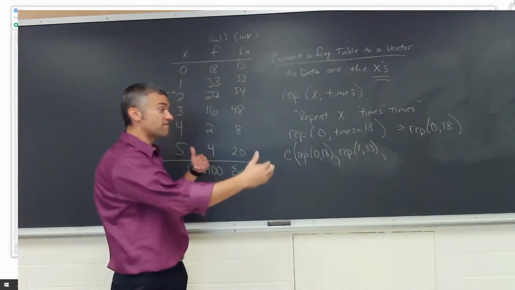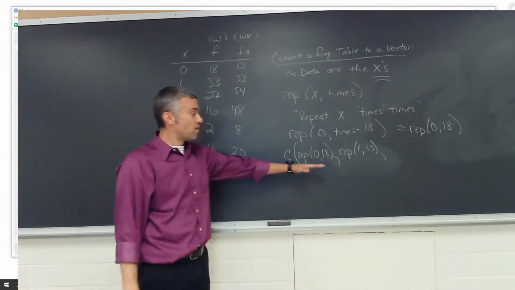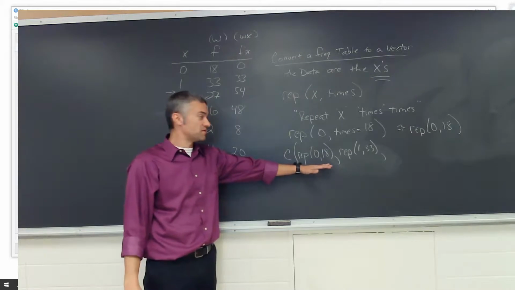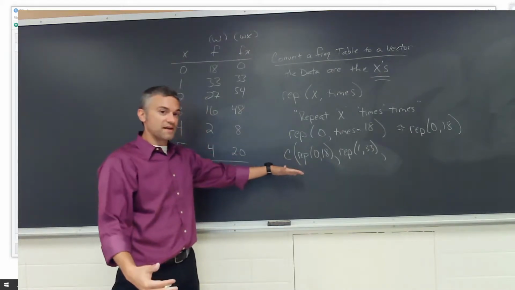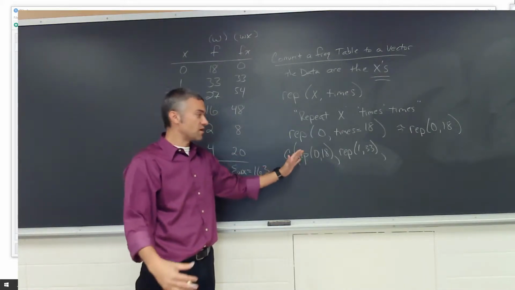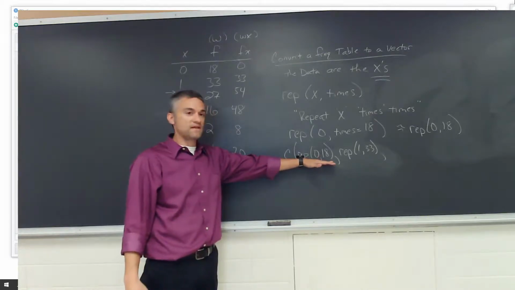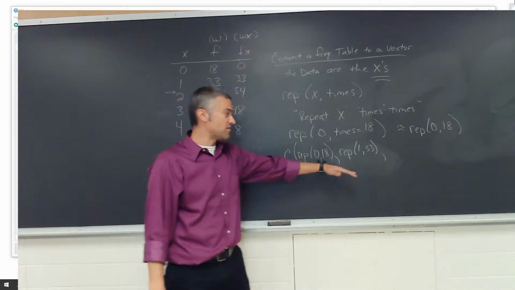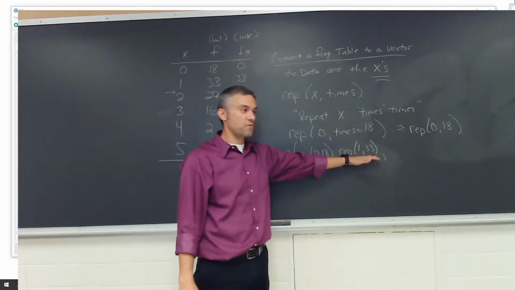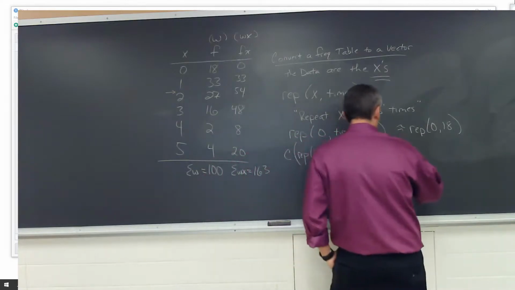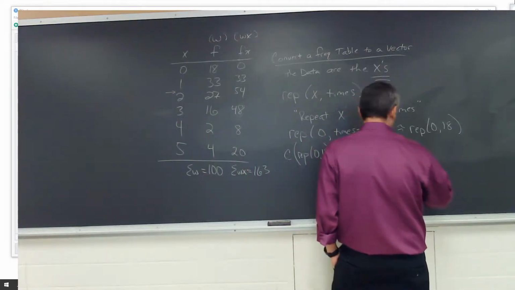Now, I haven't finished it yet. But the C is combine. So what we do is go inside the parentheses: rep makes a vector of 18 zeros, and it makes a vector of 33 ones. And then we're going to make a vector of 27 twos.